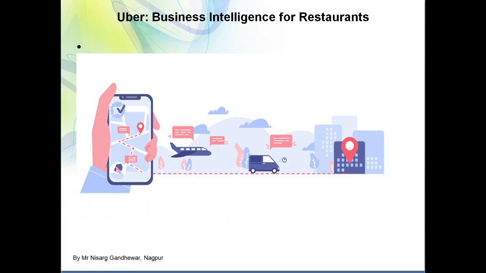So in that case Uber and Ola also make use of BI. In any business the thing is very common: try to understand current need and future need, try to satisfy the customer, and try to understand their expectations. This is the common parameter that we need to discuss for each and every business.